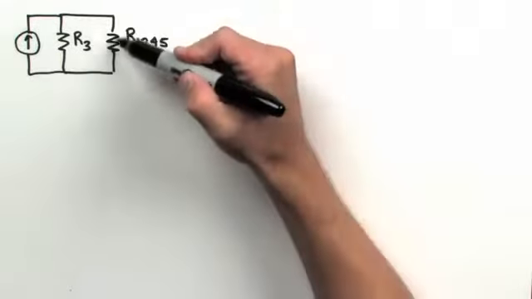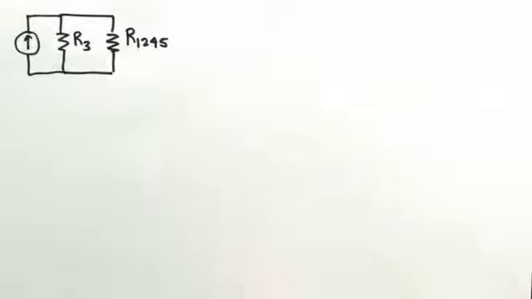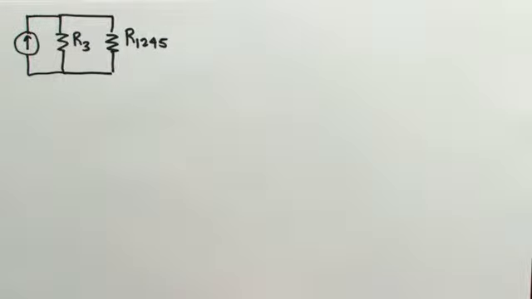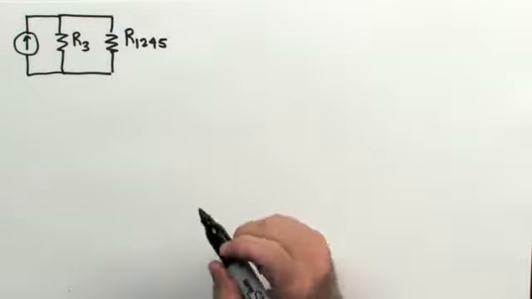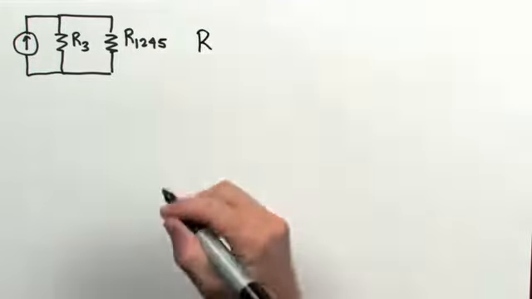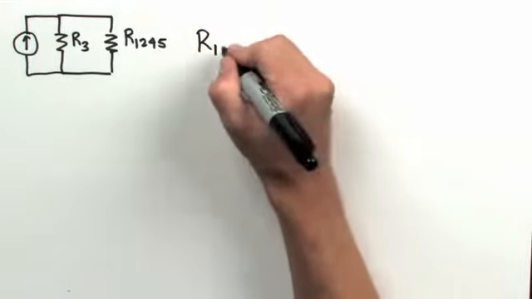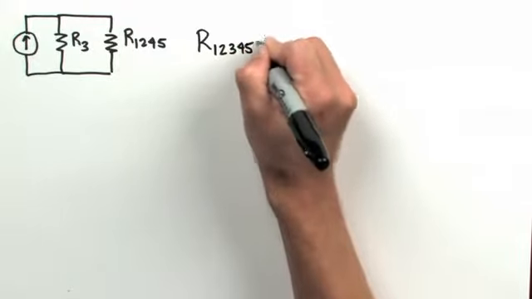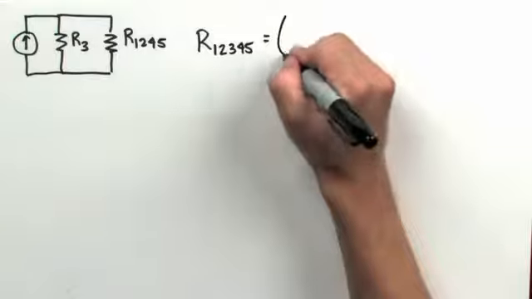These two elements are in parallel with each other because they do not see the same amount of current flow through them, but they do see the same voltage potential across them. So again, we can come up with the equivalent resistance of these two resistors that are in parallel with each other using our parallel addition formula. So the equivalent resistance of all of the resistors in the circuit will be given by this formula.